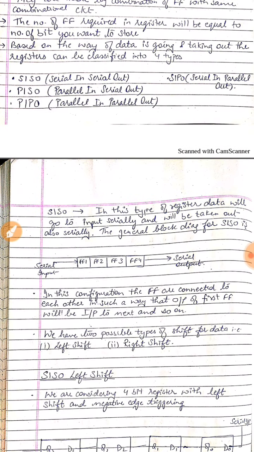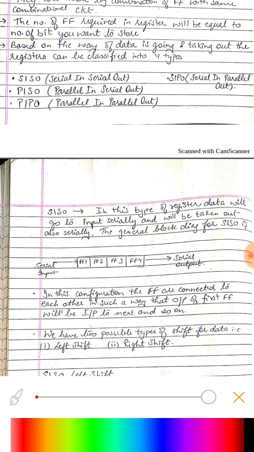So first is the serial in, serial out shift register. In this type of register, data is entered serially into the shift register, which is a combination of 4 flip-flops if we have to store 4 bits of information, and it is taken out serially as well. That is why the name is serial in, serial out.